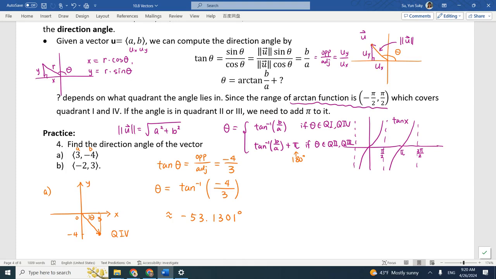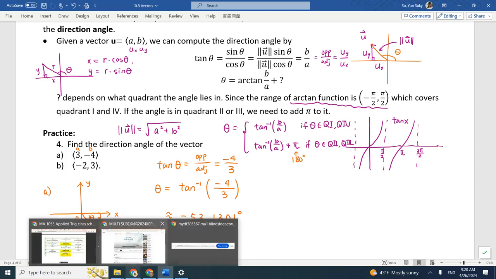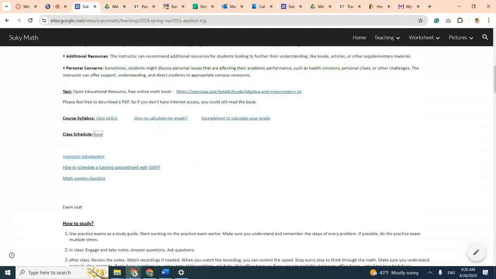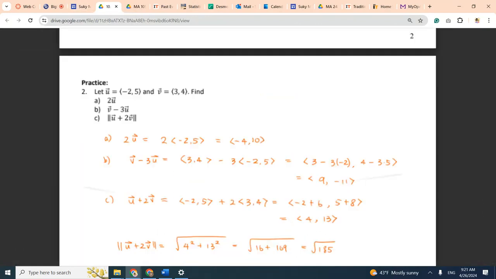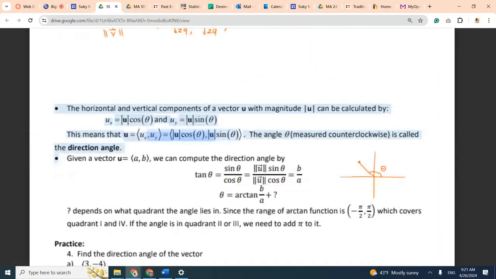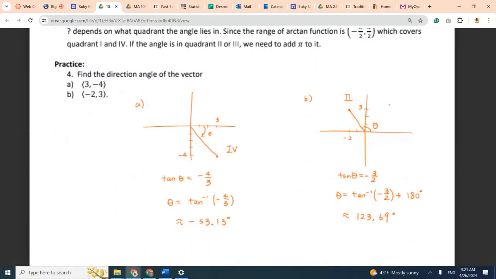Okay, let's check our answers. So all of you have this picture. X is -2, the y is 3.